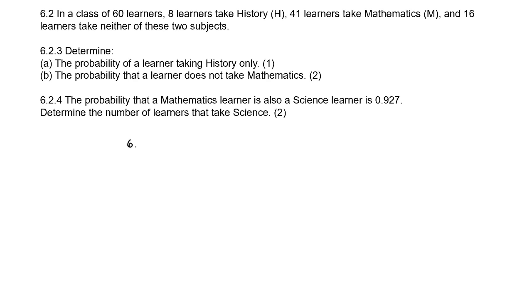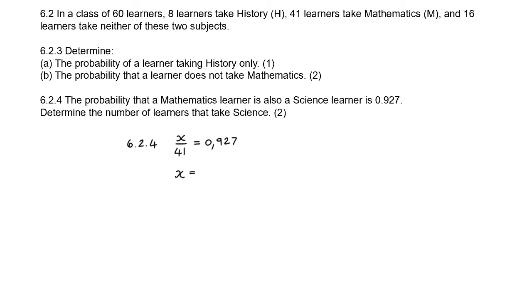Let's take a look at question 6.2.4 from the 2023 Gauteng November paper. The probability that a mathematics learner is also a science learner is 0,927. Determine the number of learners that take science, and this counted 2 marks. So what you'll do is use the given probability of 0,927 to find how many mathematics learners also take science.